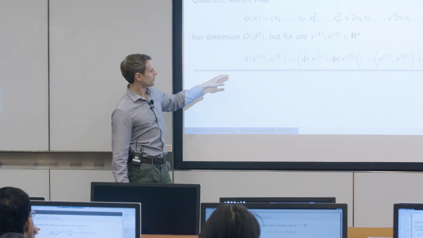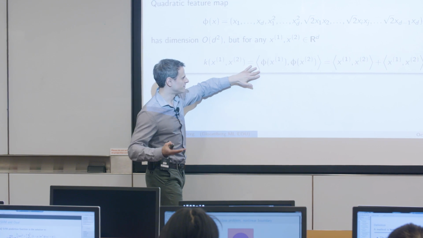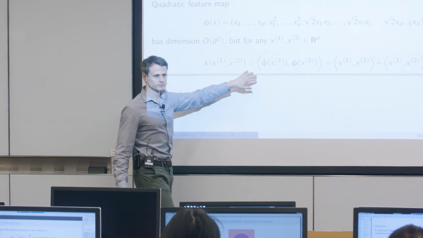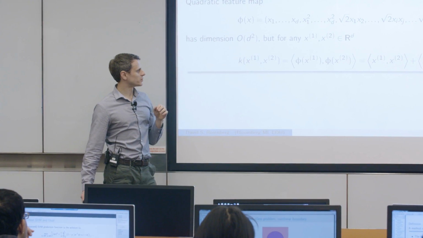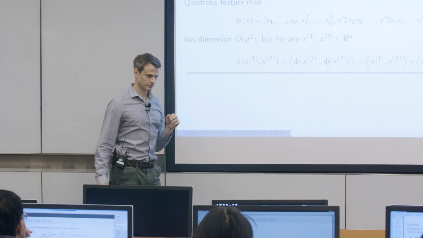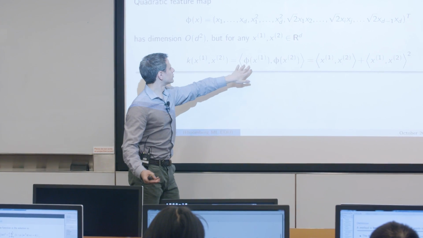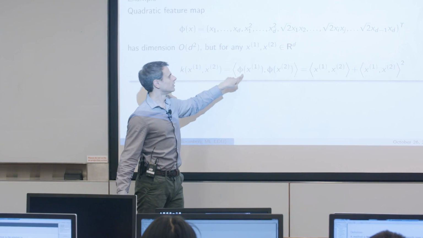So what's the computational cost for this inner product, which is, by definition, the inner product for the kernel? How many numbers are we going to have to touch? So how many entries are in phi? Order d squared.